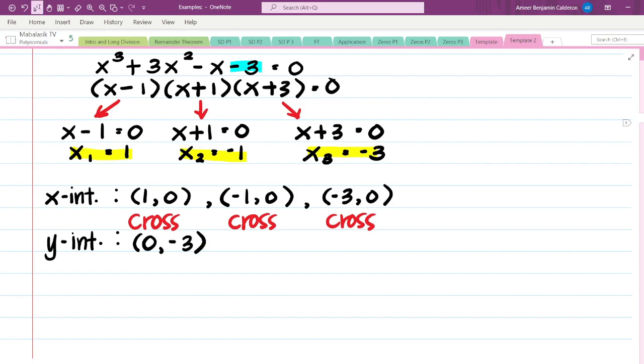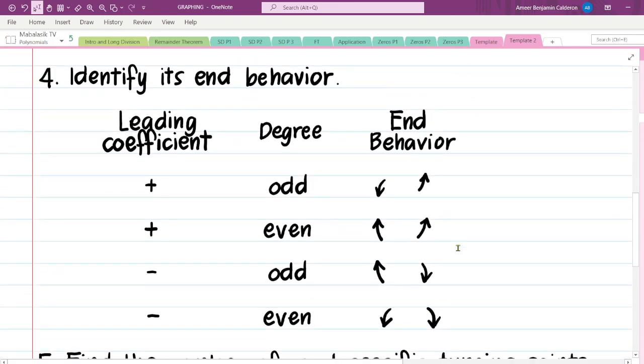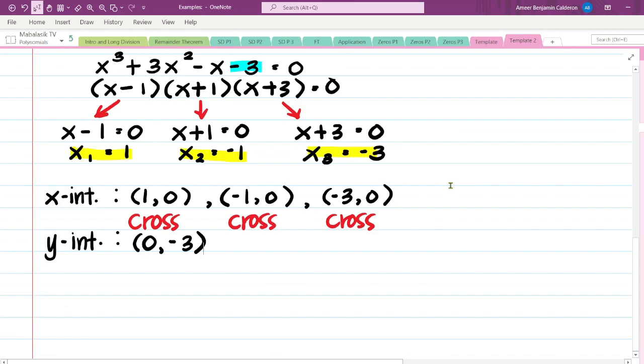Next consideration, the end behavior. So we have to identify the sign of the leading coefficient and the degree of the polynomial to identify the end behavior. So if we go back to our polynomial equation, we have a positive leading coefficient and an odd degree. So what is now the end behavior?